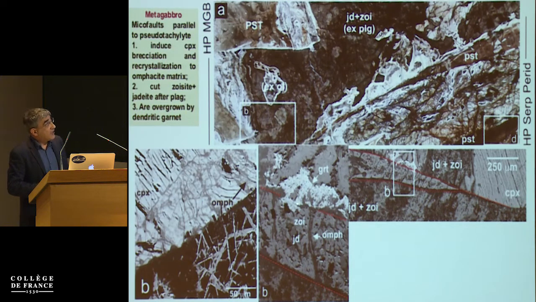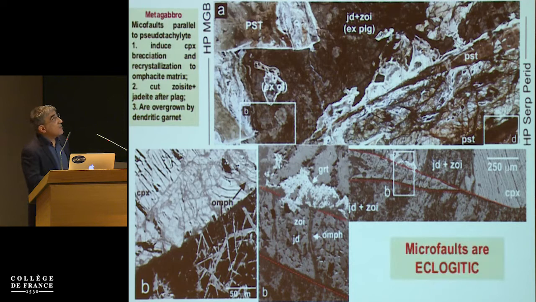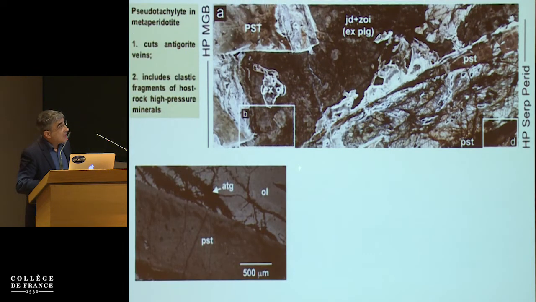And the microfold here is overgrown by this high pressure, dendritic garnet. So this is an eclogite-Facies garnet, but has a dendritic form. So this implies that the microfault formation, the setting of the earthquake, is within a stage of eclogite-Facies recrystallization of the gabbro.